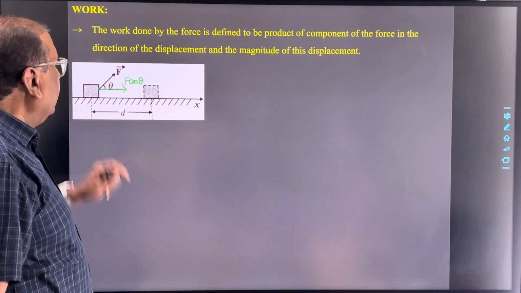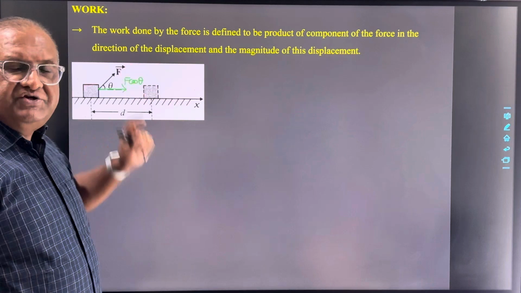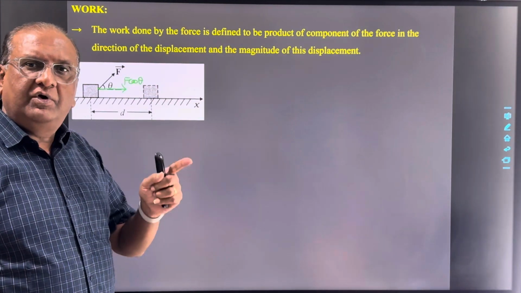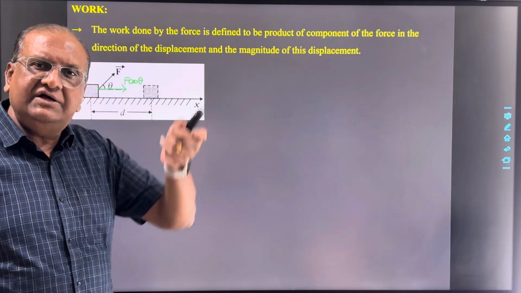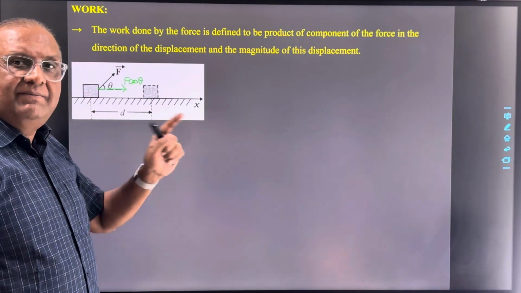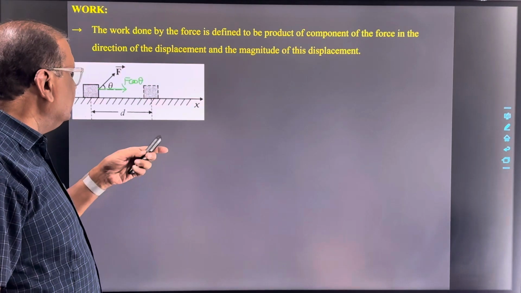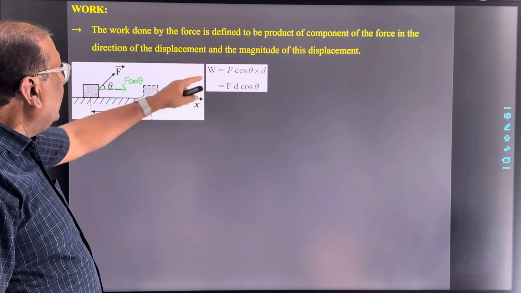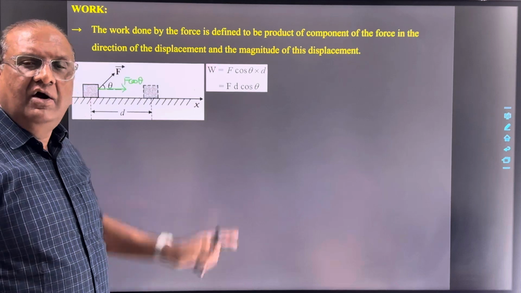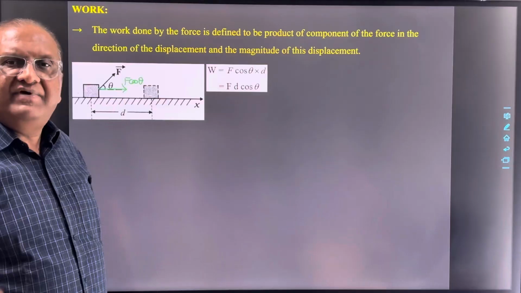Now, as per the definition of work done, the product of the component of force in the direction of displacement, that is F cos theta, and the magnitude of displacement, that is D, so we can write W is F cos theta into D, or you can write FD cos theta.